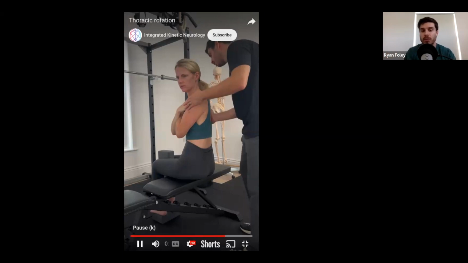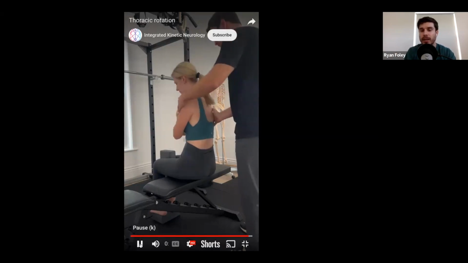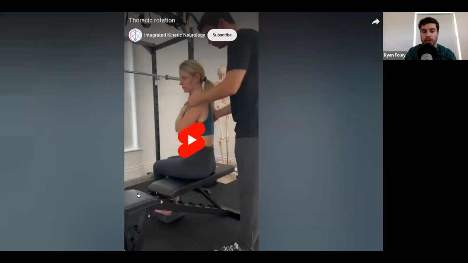But generally, we're going to be using this as just a way to concentrate a little bit more rotation through the thoracic spine. Apply that passive overpressure. You can see she's not getting as much thoracic rotation here. But again, she's definitely getting through at least 50 degrees of range of motion there. In clients, you're looking for a glaring limitation.